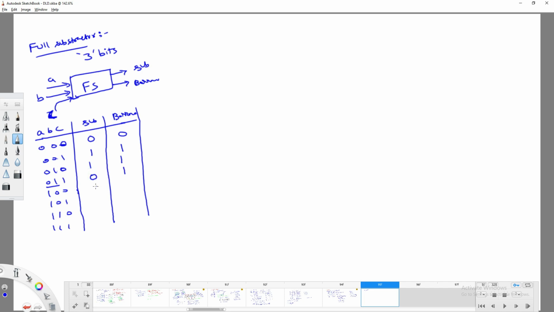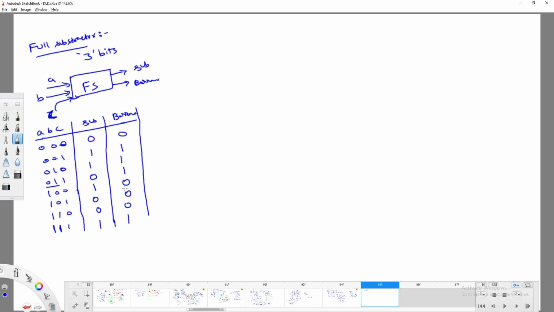From 100, if you are trying to make subtraction, you will get subtraction as 1 and borrow is 0. And this one, 1 minus 0 is 1, 1 minus 1 is 0. There is no need of borrow. 1 minus 1 is 0, 0 minus 0 is 0, so there is no need of borrow. But coming to here, try to observe, 1 minus 1 is 0, there is no problem. But 0 minus 1, you have to take the borrow from the other side, and its value is 1.